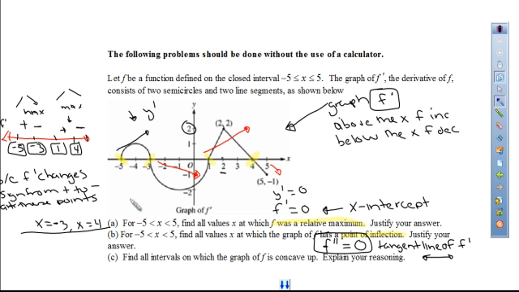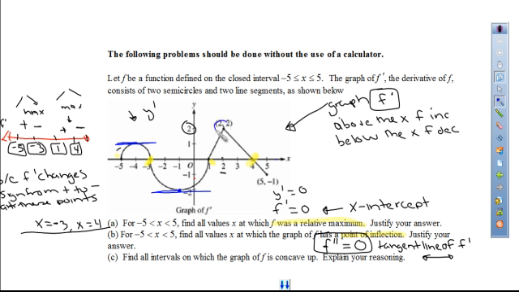So as we look back at our graph, notice that at -4, I have a horizontal tangent. I also have a horizontal tangent at -1.